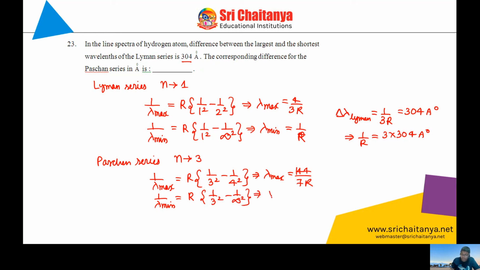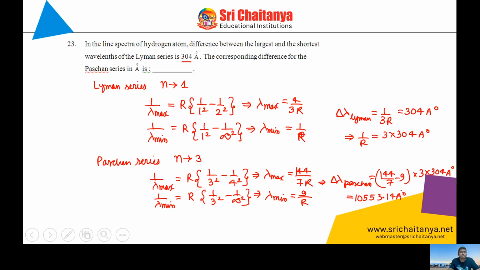So lambda minimum you will get as 9 by R, and this difference, delta lambda Paschen, will be simply the difference of these two, which is 144 by 7 minus 9 into 1 by R, which is nothing but 3 into 304 angstrom. And when you simplify that, you will get 10553.14 angstrom. Okay, so that is your answer for question number 23.